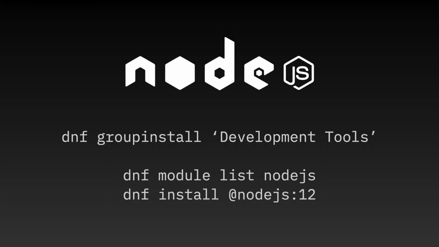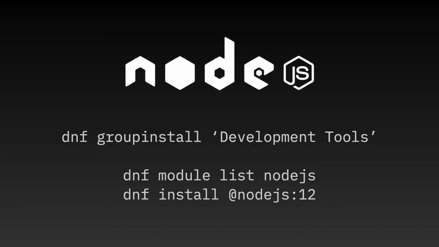Here on s390, it's basically around Git. We are not using Git here, but in the future we're going to need that. So I'm installing the development tools, and then we are going to check which Node versions we have available to install through the package manager, through DNF, and then get Node installed.